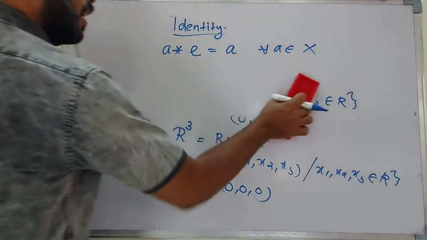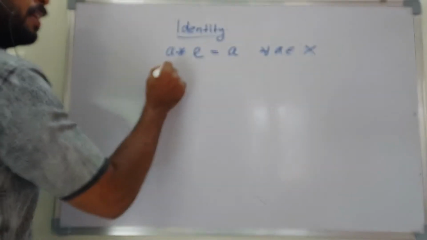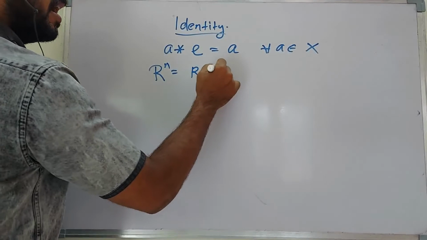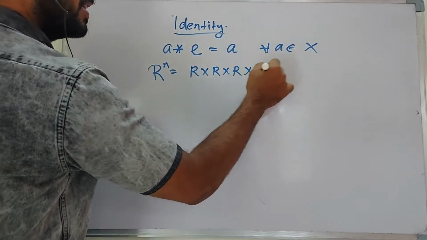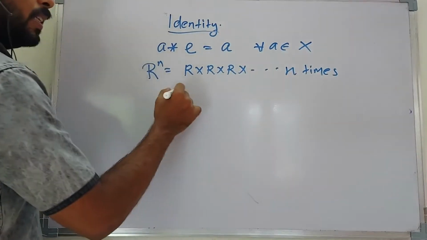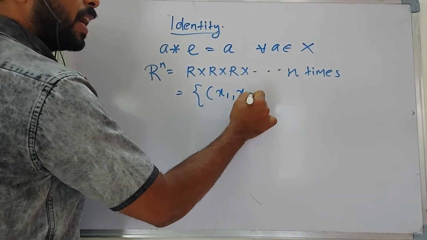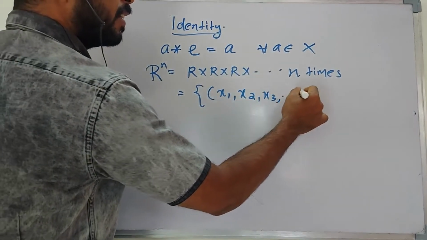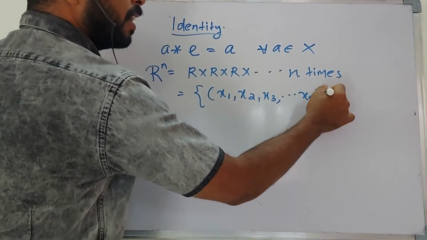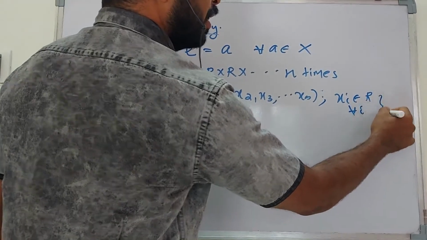Similarly, we define the space Rn. Rn is R cross R cross, etc., n times. So, it is the set of all n-tuples of the form x1, x2, x3, etc., xn, where xi belongs to R for every i.